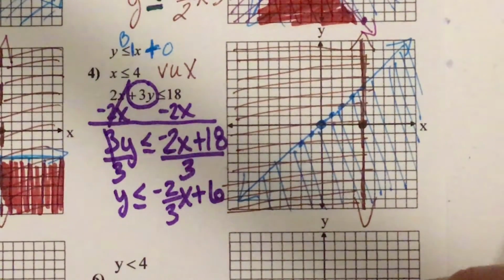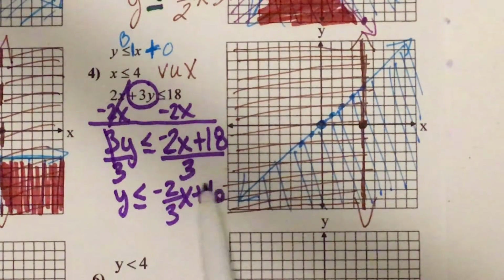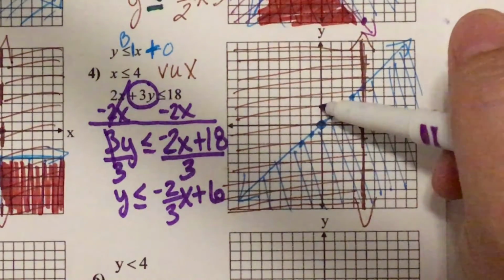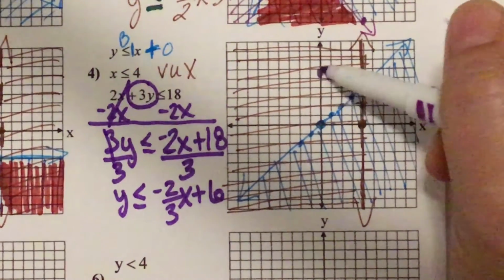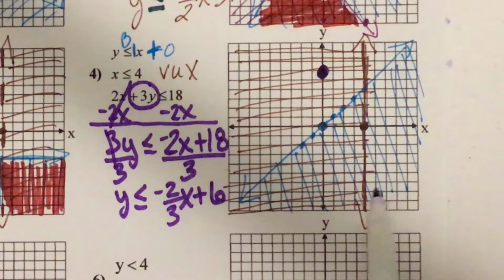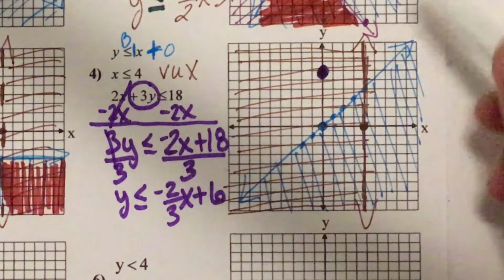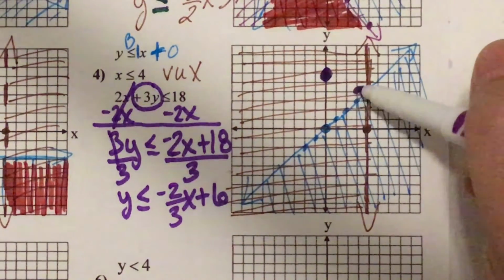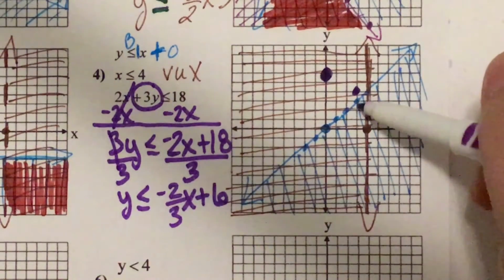Okay, let's graph this. So I know it's diagonal. X and y makes a diagonal line. Positive 6 is my y-intercept, so I'm going to go up to 6. And then what's the slope tell us to do? Down 2, right 3. So down 2, right 3. Down 2, right 3.